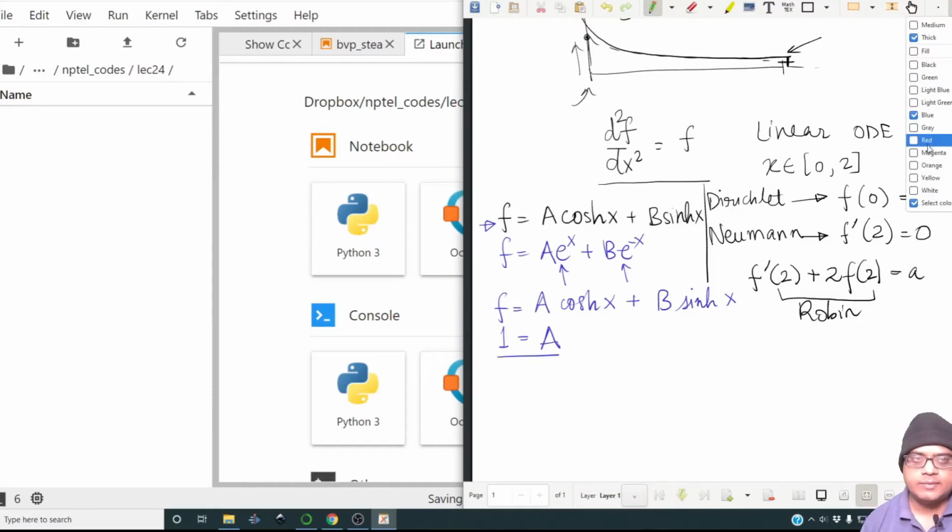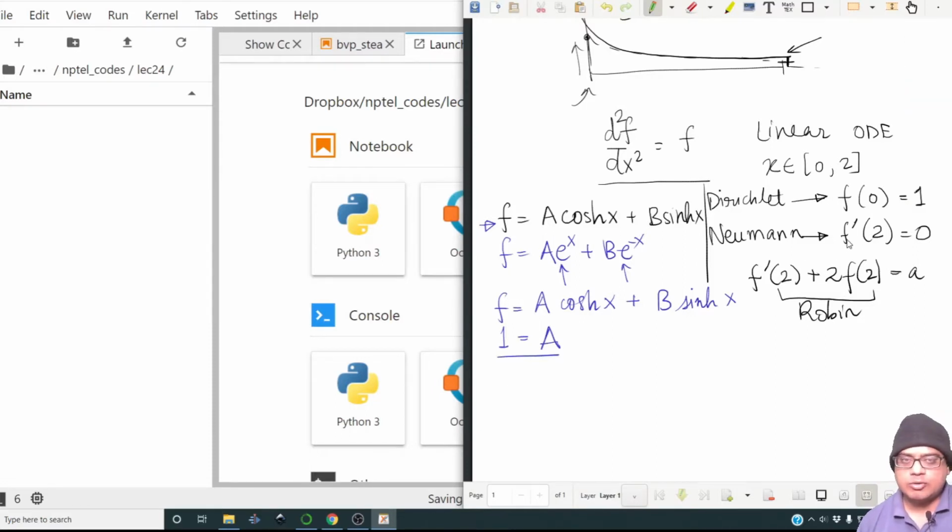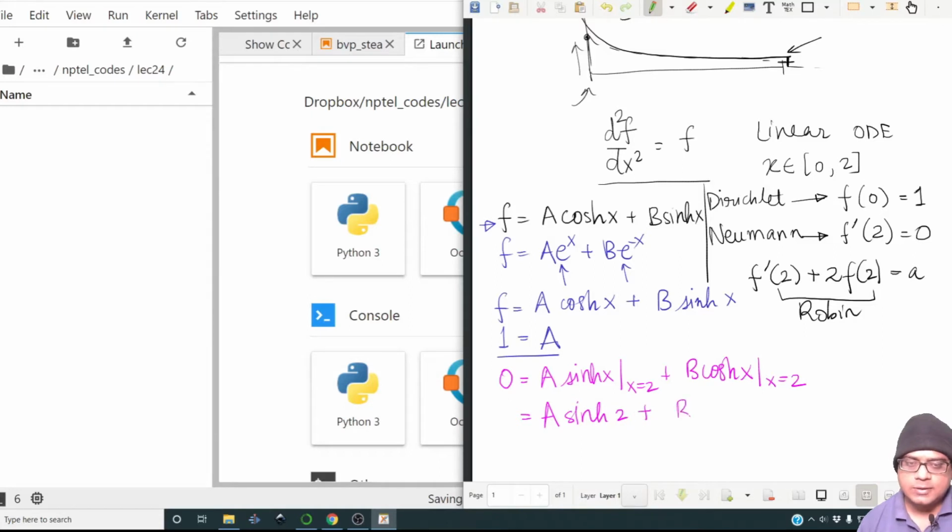And similarly, using the Neumann boundary condition, we have 0 equal to a sinh x at x equal to 2 plus b cosh x at x equal to 2. This becomes a sinh 2 plus b cosh 2, and a is already equal to 1, and this implies b is equal to minus sinh 2 upon cosh 2.